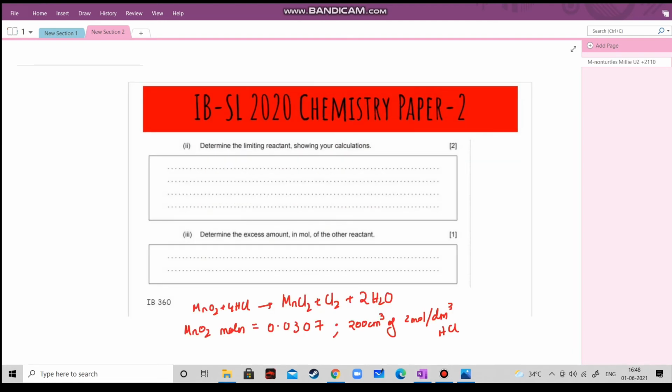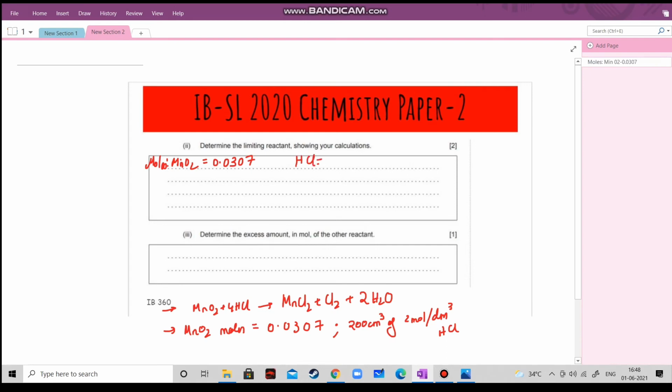Now moving on to the next part, we need to find out the limiting reactant for this question. I've already mentioned the reaction and the given information to us. We calculated the moles of MnO2 in the previous part. To calculate the limiting reactant, we need to know the moles of each of the components. So moles of MnO2 would be 0.0307.